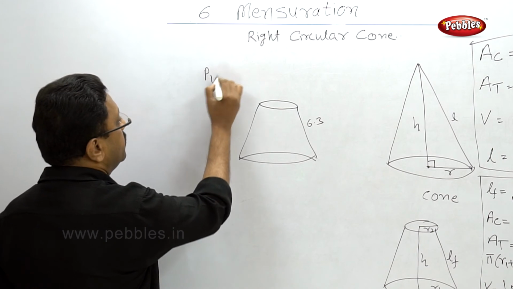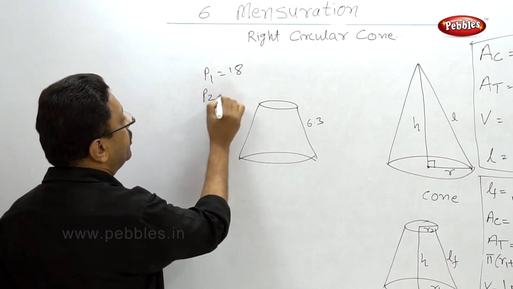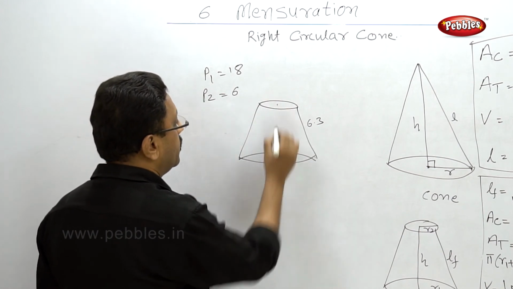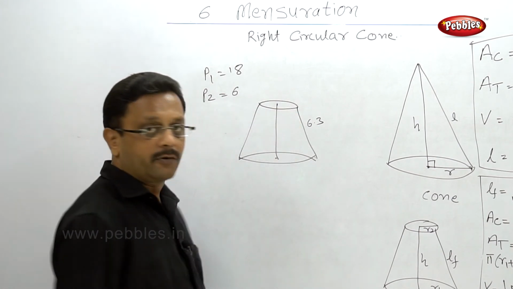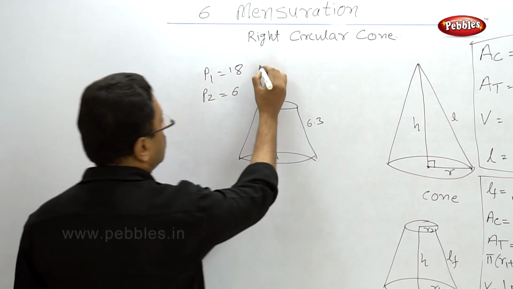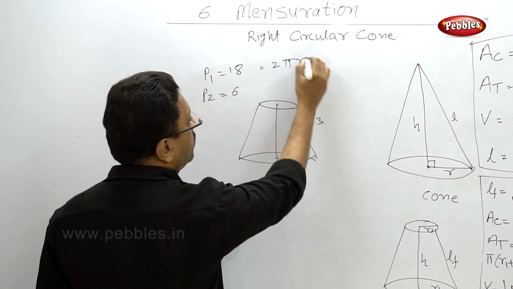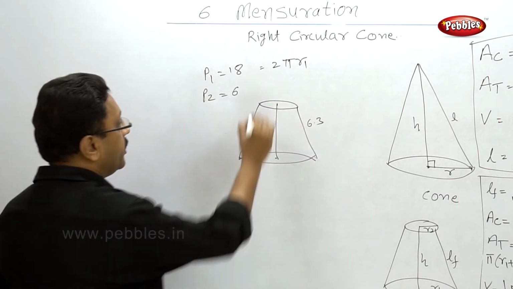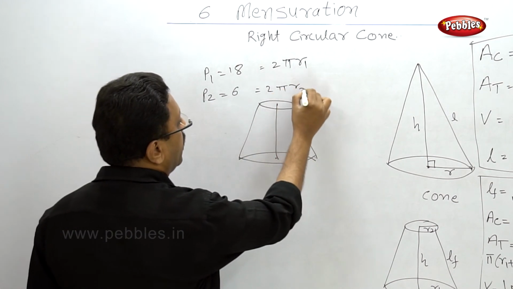So P1 is 18 and P2 is 6. They are not given the radius directly. Okay? You have to find the radius. What will be P1? Perimeter is 2 pi r, or I'll say 2 pi r1, and here it is 2 pi r2.